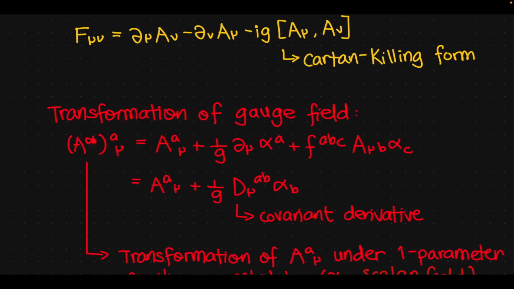Let's call the transformation generated by alpha A to the alpha. It's given by the regular A plus 1 over g partial derivative of alpha plus f_abc A^b alpha^c, where the rest of this can be just written as the covariant derivative.